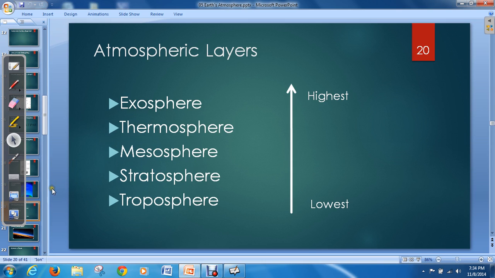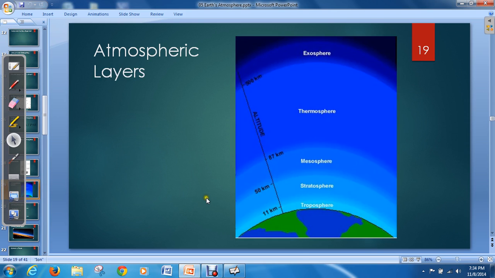Let's go back to this picture. You'll notice that they're not the same distances apart or the same thickness. The thermosphere is very large, whereas the troposphere is very small. You'll notice these little markings on the side. If you can't read them, it says 11 kilometers, that's about 7 miles or so.